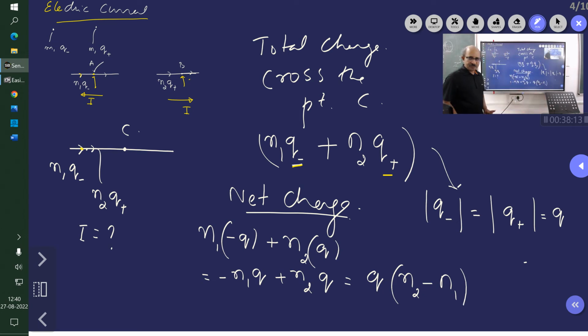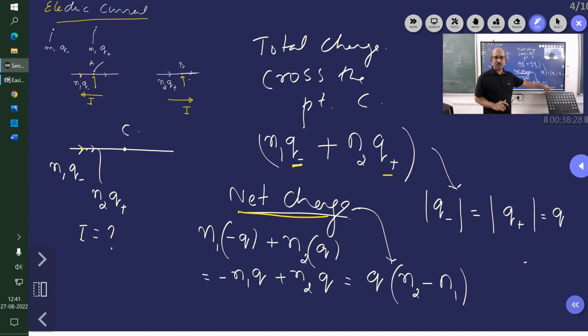I suppose it is clear. What is this? This is net charge. So you add the charges along with their sign convention. For negative charge it is minus, for positive charge it is plus. When you add them along with the sign convention, we call it net charge. If you simply add the charges, it becomes total charge. Is that okay, students? Okay, fine.